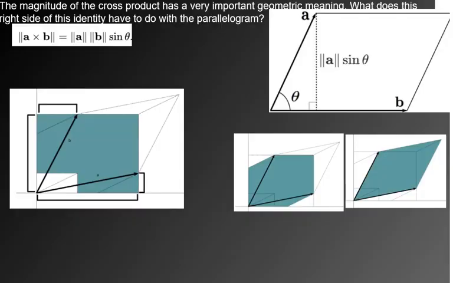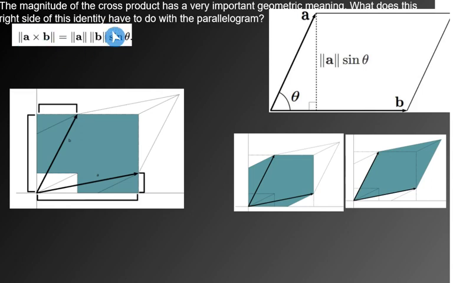So what I really want to talk about today is a geometric connection between the cross product that was mentioned in those videos, but I want to give a little more, I want to sell you on this idea a little bit more. This is a very important relationship.